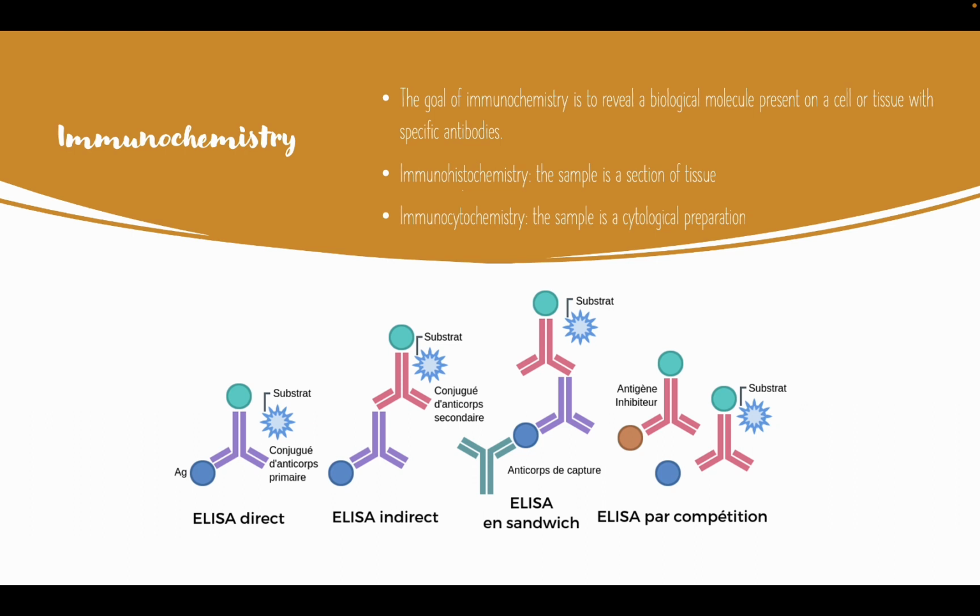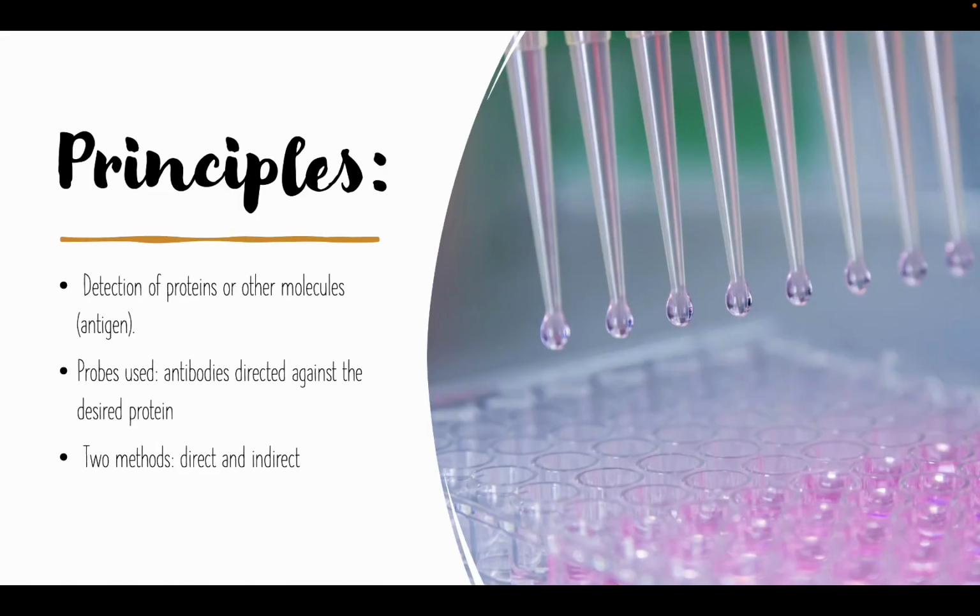For immunochemistry, let's start with the principles. Detection of proteins or other molecules, antigens. Probes used: antibodies directed against the desired protein. And we have two methods, direct and indirect, like two detective methods.